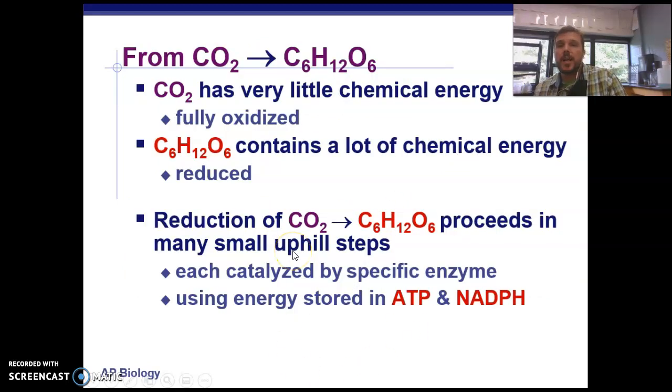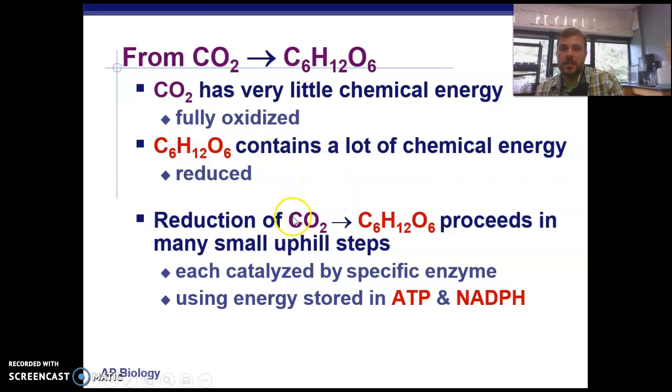So realize that in the Calvin cycle, we're basically taking carbon dioxide from the atmosphere, and through a bunch of reactions, we are going to reduce it to glucose. And the way that that's going to happen is through this process called the Calvin cycle. And in the end, we're going to end up with this molecule that has a lot of stored chemical energy because it's pretty fully reduced.